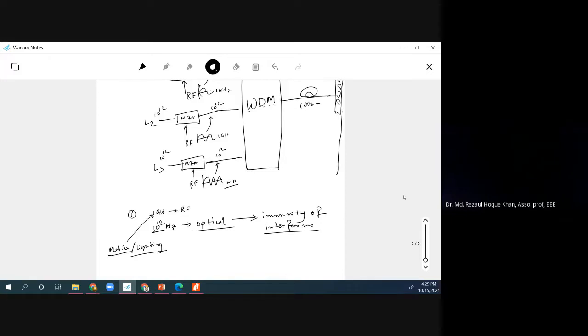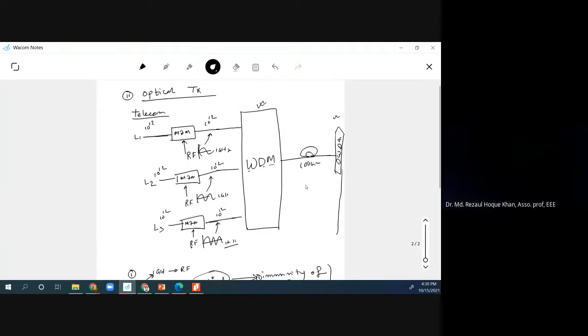Because this is not microwave, optical signal is immune to interference and EMI, electromagnetic interference, which usually comes from nature or other electromagnetic devices. So optics is very much isolated from there. It means you need a much less complex processing mechanism. That's a typical optical transmission system.